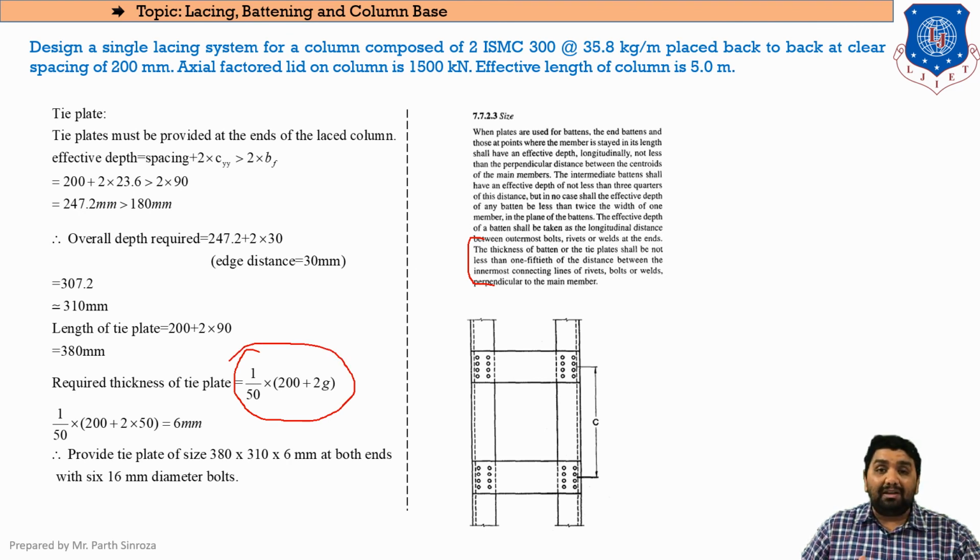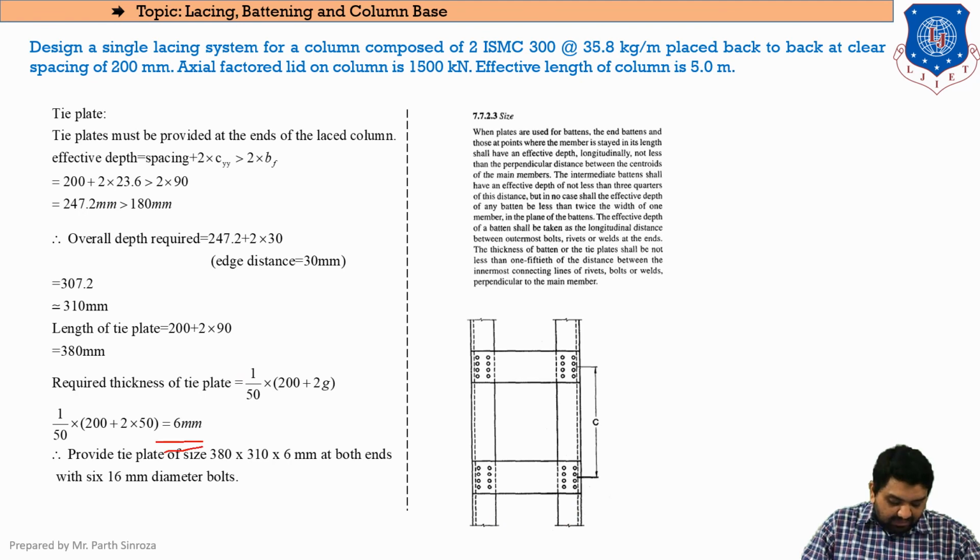Here we have provided bolts, so it will be the distance between bolt to bolt. As we have seen, the distance from the bolt to the end of the plate was our gauge distance. So the bolts will always be provided at the gauge distance, and here it was the spacing. So the value comes out to be spacing plus 2 into gauge distance. The gauge distance we have seen from the steel table was 50. So the answer here comes out to be 6 mm.